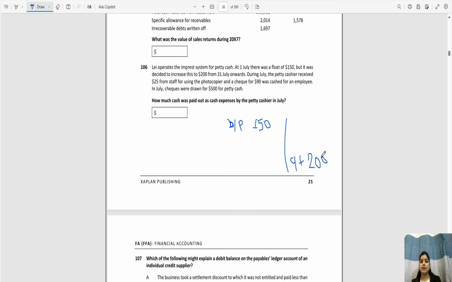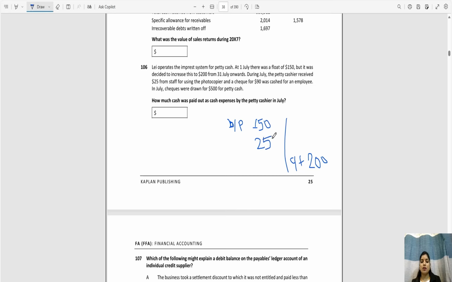During July, the petty cashier received 25 from staff for using the photocopier. The staff used our photocopy machine and paid 25, so it will increase our cash balance. We will add this on the debit side by 25.